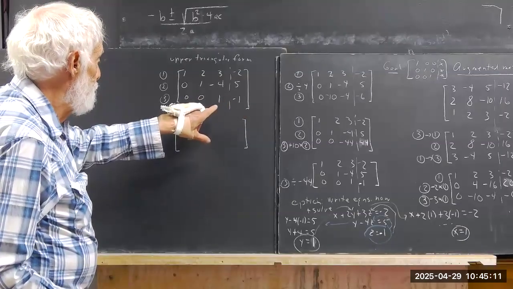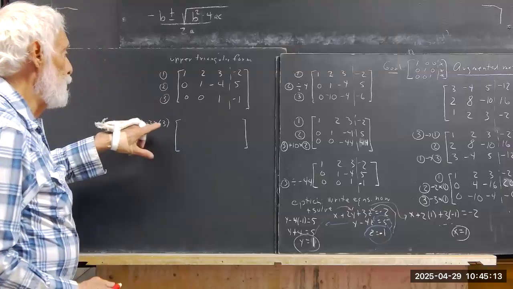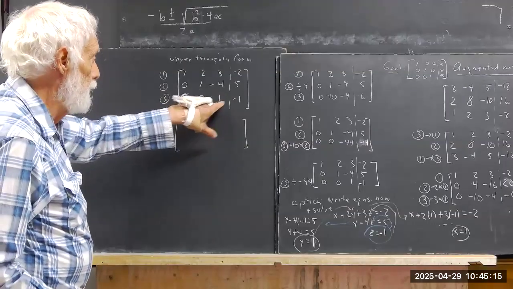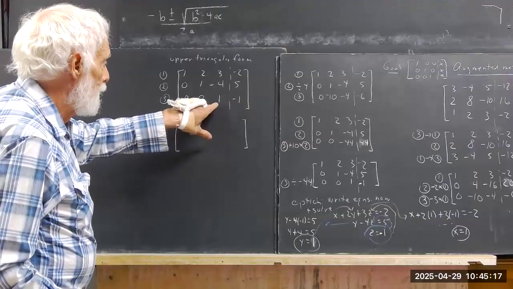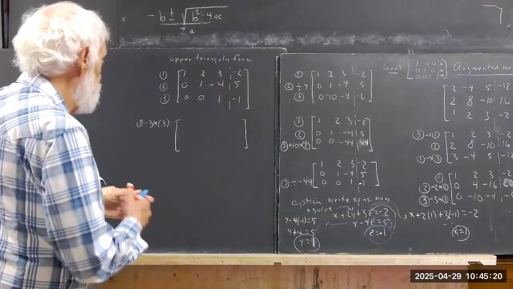Sorry, -3 times row 3 will give us a -3 and a +3. -3 added to 3 gives us 0.